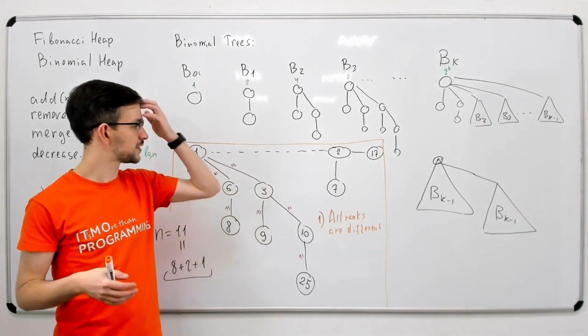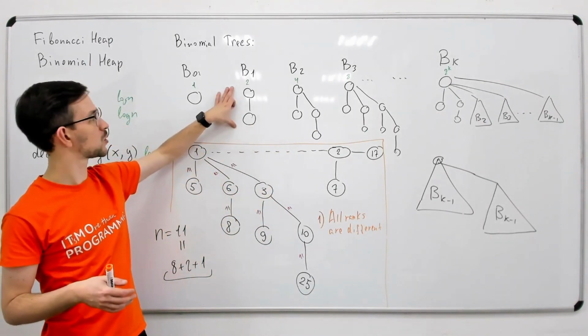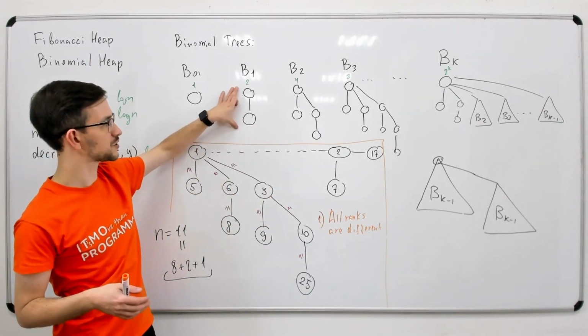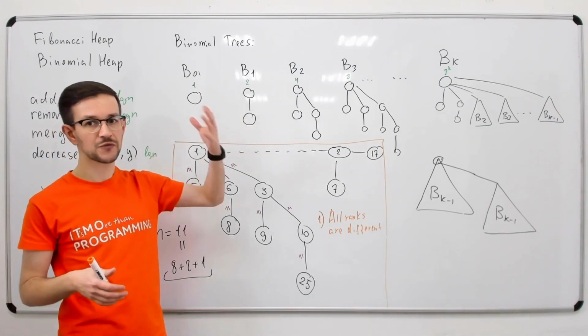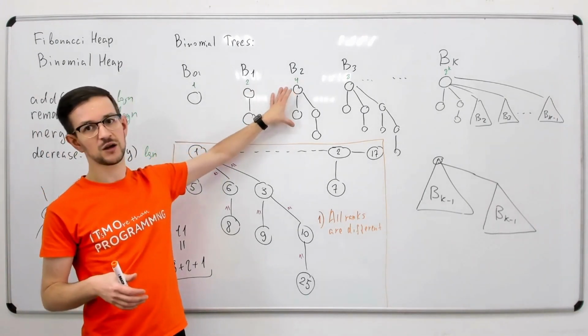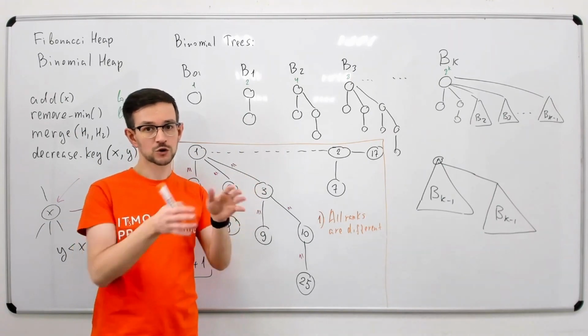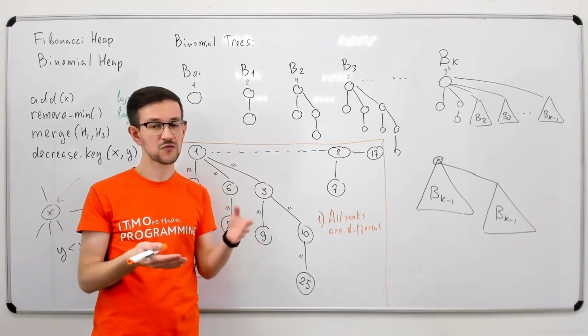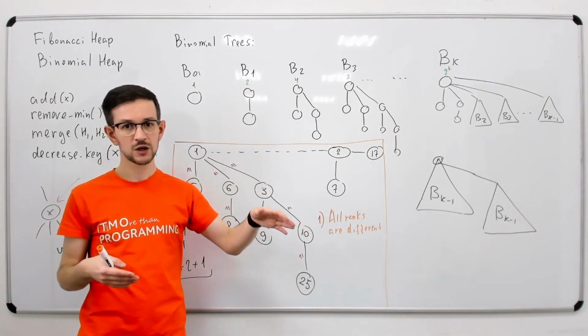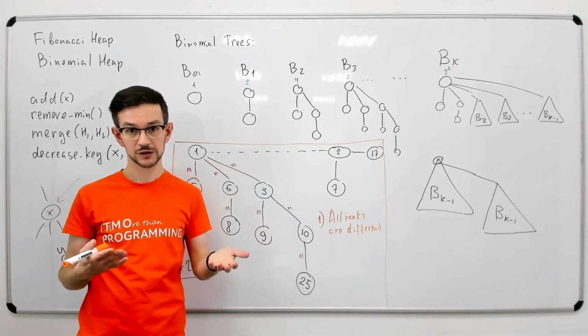So if, for example, I take 2 trees of rank 1, it means I take 2 vertices plus another 2 vertices. Instead of this, I can take just this tree. So the total number of trees will be less. So if I take the minimal possible number of trees, then all trees must have different ranks.